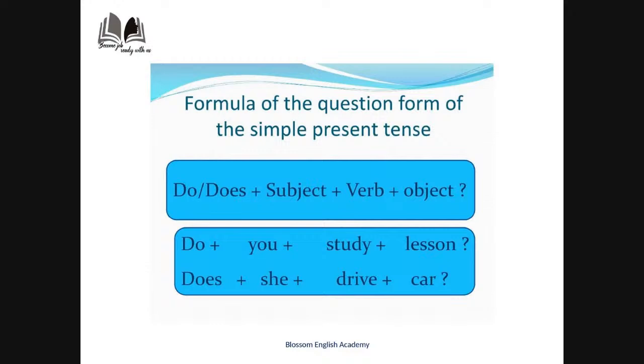We already know when to use do and when to use does. So to form a question, do plus your subject plus verb plus an object. Do you study lesson or do you drive a car? Okay. If the subject is a singular pronoun or singular noun, then you would be using does. Does she drive a car?